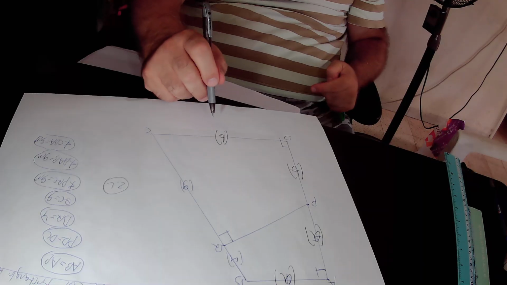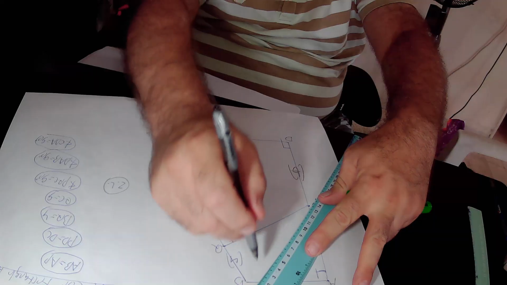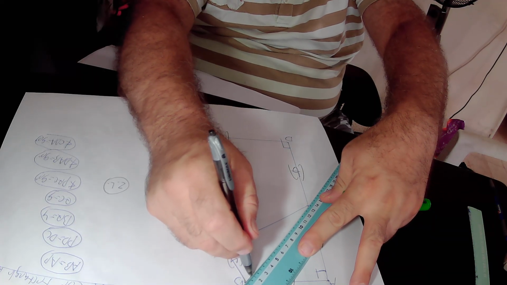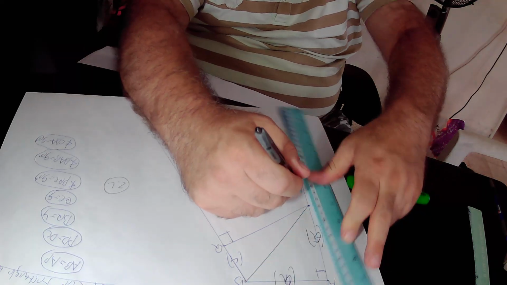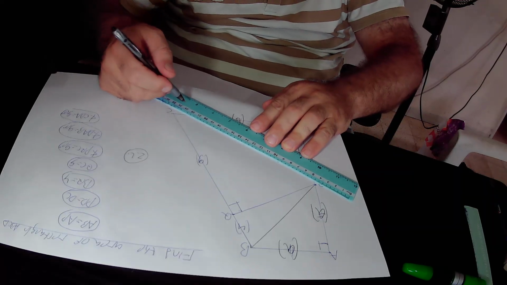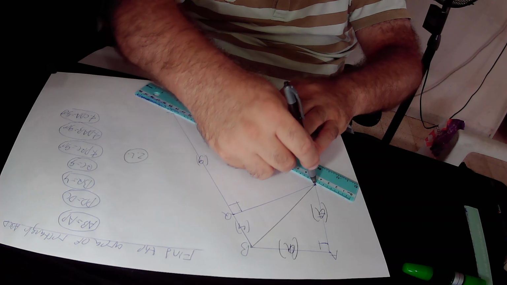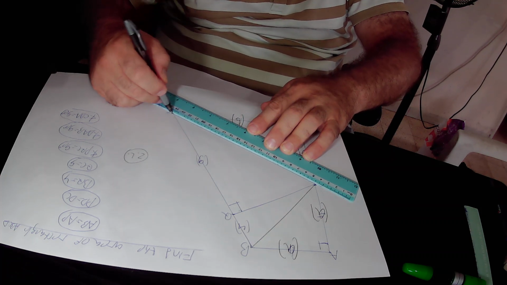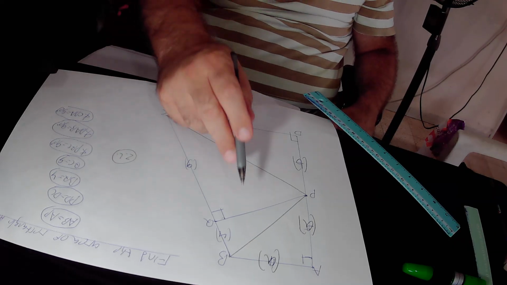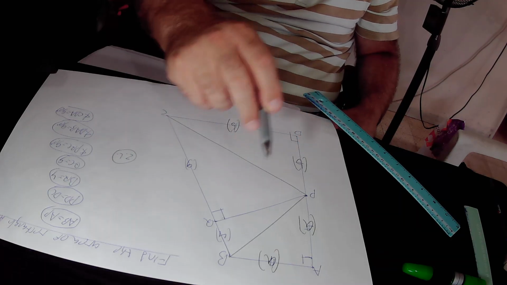In the next step, we will join points B and P together by a side. And we join points P and C together by a side. By joining points B and P, we created the right triangle APB.